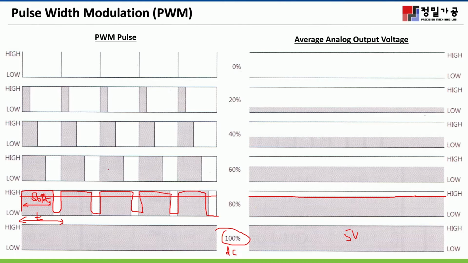How about 60%, is it the same? This one is the digital signal of pulse width modulation with 60% duty cycle, and this one 40%.